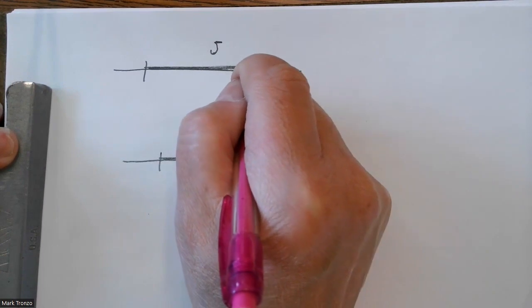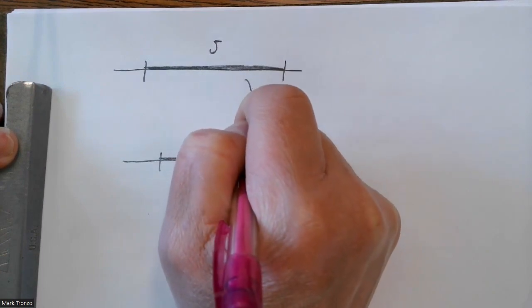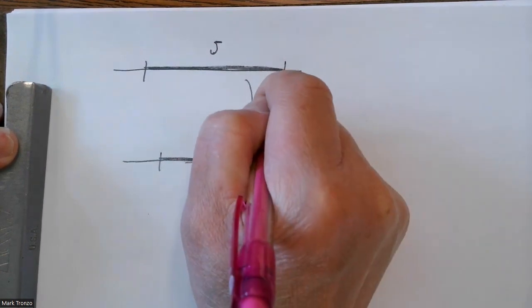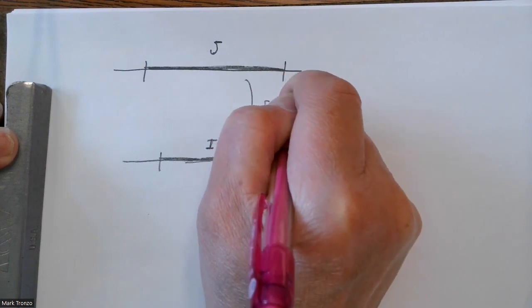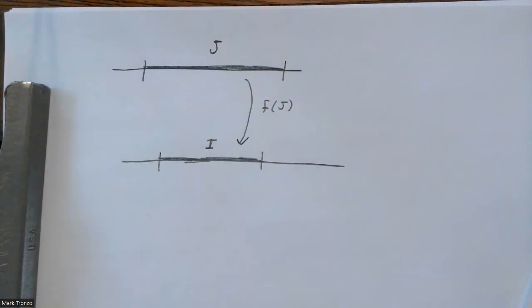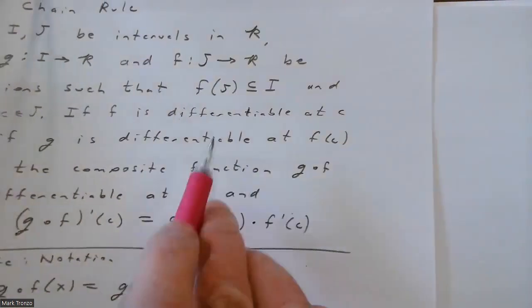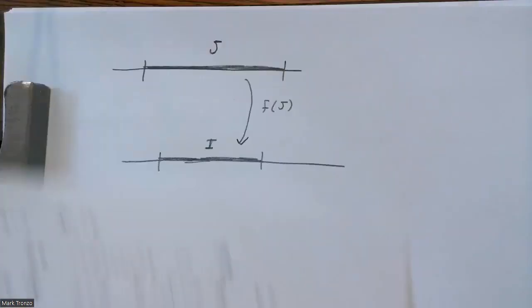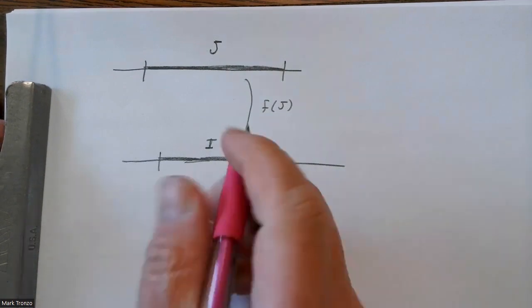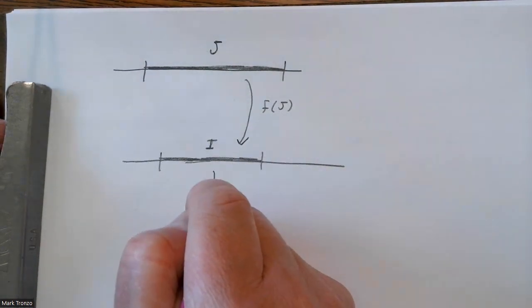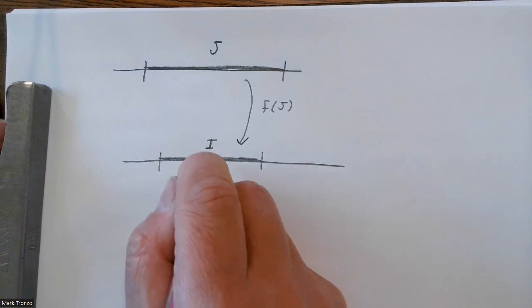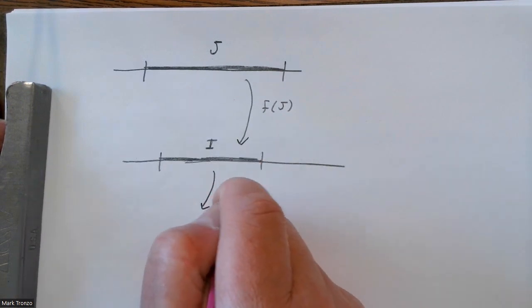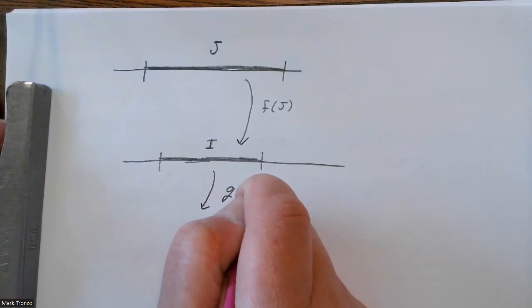So the function F, according to the rule here, has got to map into a subset of I. And then G will be a function on I like this.